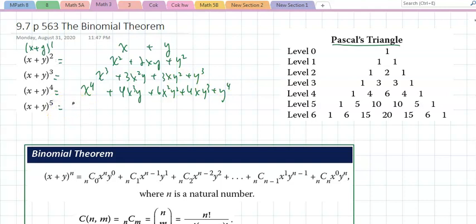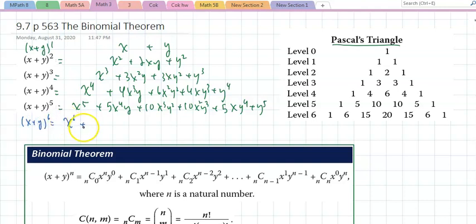To the fifth, that is x to the fifth plus 5x to the fourth y plus 10x cubed y squared plus 10x squared y cubed plus 5x y to the fourth plus y to the fifth. And I'll do one more just for the heck of it. I could go on all day.